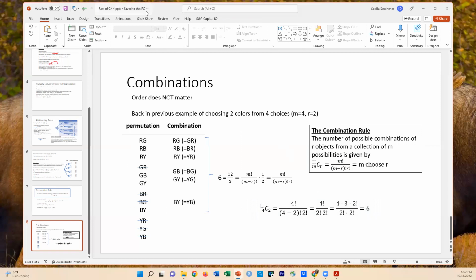One thing to notice from all this is that just by the very nature of the way it's set up, the number of combinations is always going to be less than or equal to the number of permutations, right?